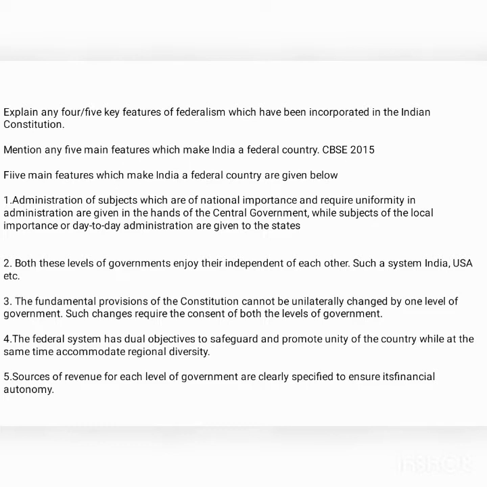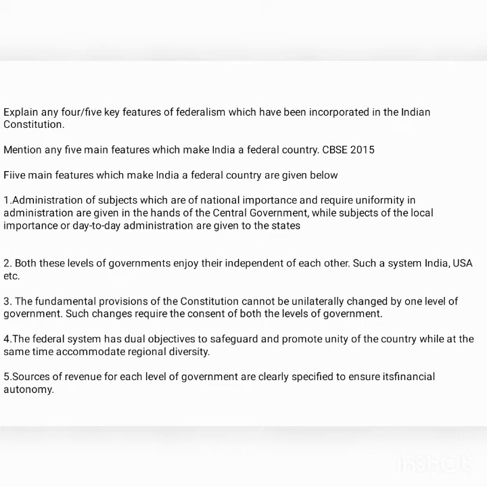Then the fifth point: sources of revenue. Sources of revenue for each level of government are clearly specified to ensure its financial autonomy.